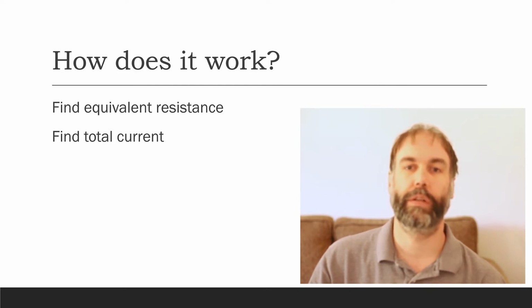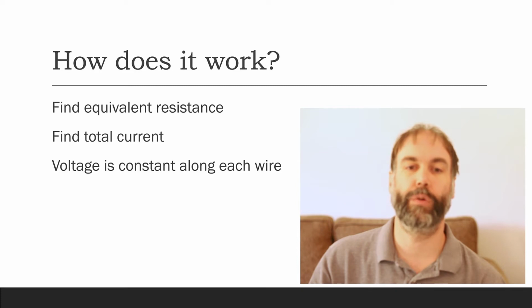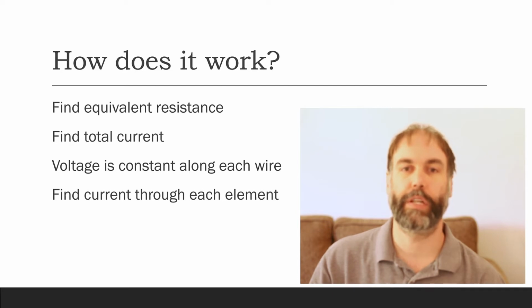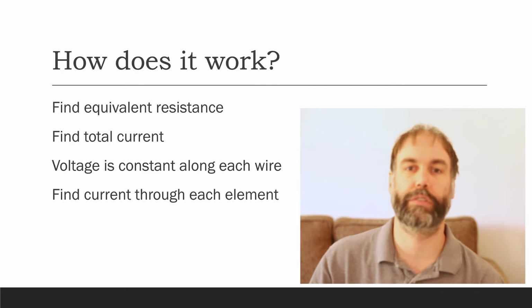Then we remember that the voltage is constant along any wire. Since parallel circuits have two parallel wires, we can use that knowledge to find the current through each element in that parallel circuit. This might sound a little complicated, so let's do an example and see how it actually works.